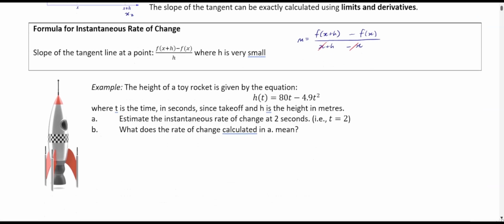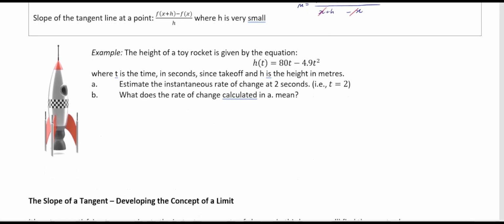So the next question says, estimate the instantaneous rate of change at 2 seconds given this function for the height of a toy rocket. So we're going to find the instantaneous rate of change at 2 seconds, and we're going to take a very small h value. By a small h value, if we are approximating it, we say that h is equal to 0.001.